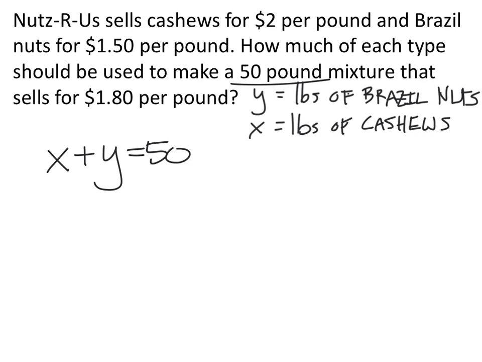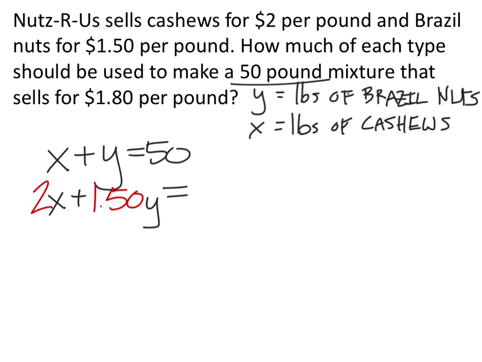Now let's look at the cost. If we take $2 per pound for the cashews and add that to $1.50 per pound for each pound of Brazil nuts, that would equal, and this is where we have to be careful because it doesn't equal 1.80, even though that is a cost.